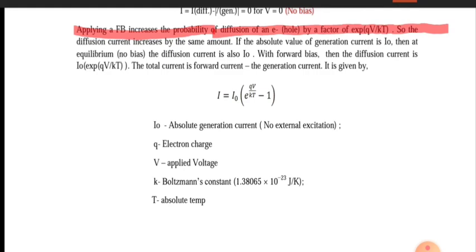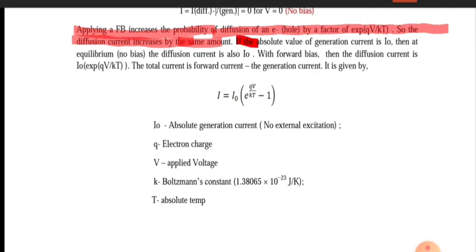When a forward bias is applied, the electron hole diffusion increases exponentially by a factor of e raised to qV by kT, where V is the externally applied voltage, k is the Boltzmann constant, q is the charge of an electron, and T is the absolute temperature. So the diffusion current increases by the same amount. Under forward bias, diffusion current is increased by e raised to qV by kT.